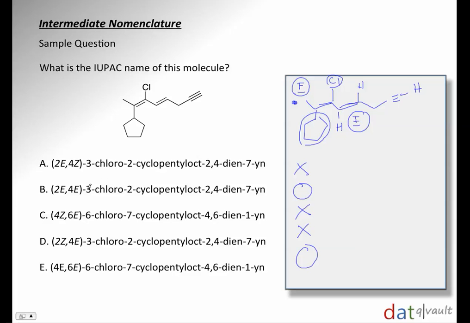Notice that substituents are at the 3, 2, 2, 4, and 7. Here, 6, 7, 4, 6, and 1. If you add all these up, it's a much larger number than if you add all these up. So our answer is going to be B. So we're going to circle B as our answer and quickly move on to the next question.